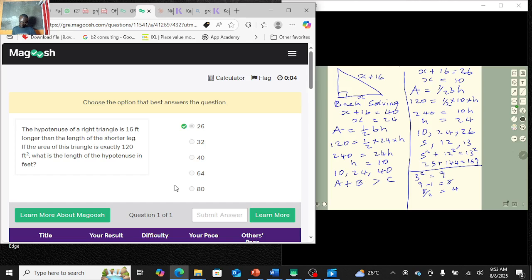Then you come back and say 9 plus 1 equals 10. 10 divided by 2 equals 5. So 3, 4, 5 is a triple.